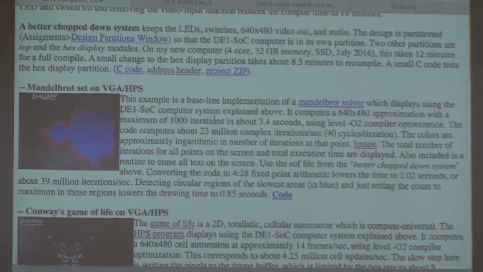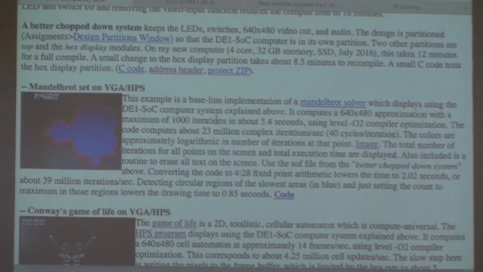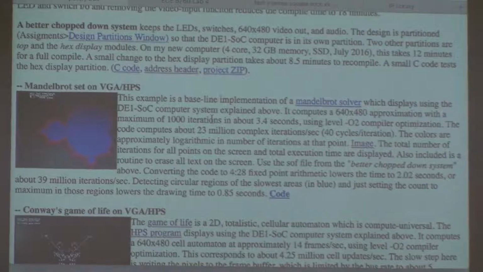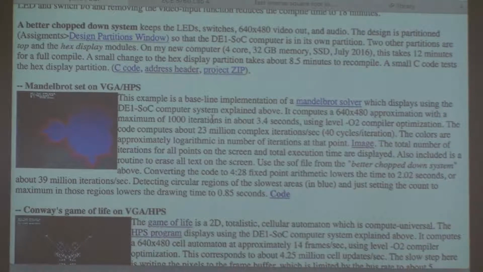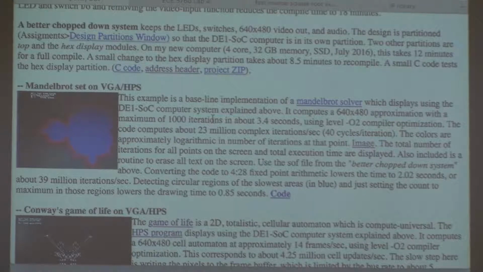So this implies that you're going to want to build parallel hardware for doing the iteration for each point.